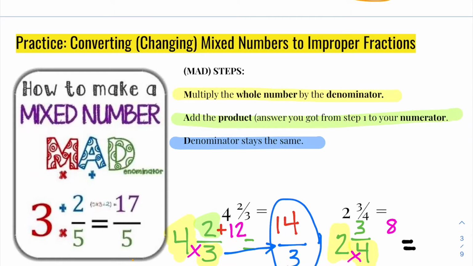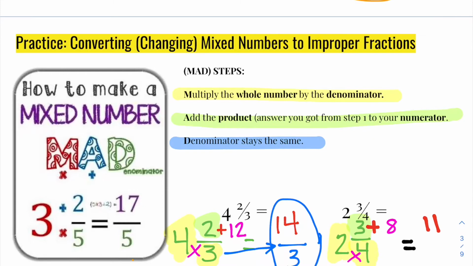All right, now what's my next step? That's right, you need to identify your numerator, because now you're going to add the answer you got in step 1, or the product you got from step 1, to your numerator. Have you figured out what the numerator is? That's right, it's 3. So I have to add 3 plus 8, and that will give me 11.